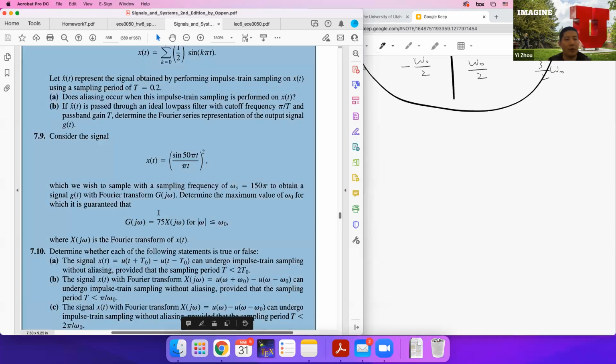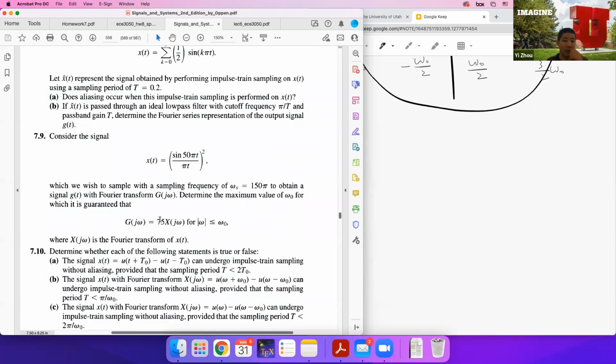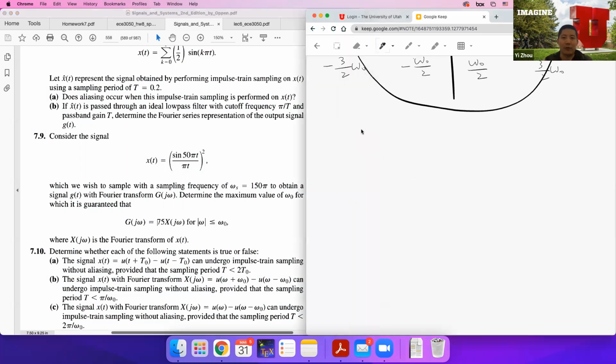And because this equation has a very specific coefficient 75, when we plot these spectrums we need to pay attention to the magnitude scaling. So let's do this one by one.